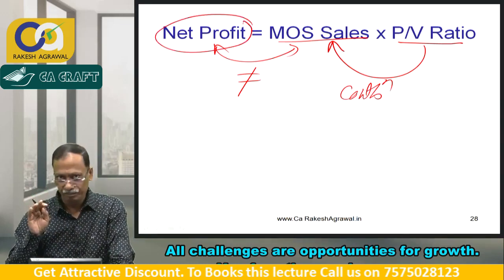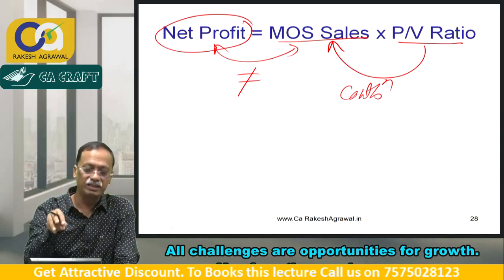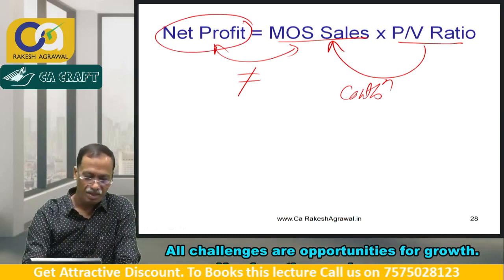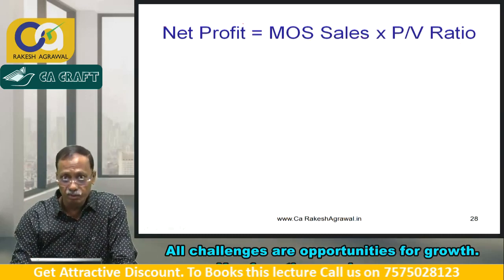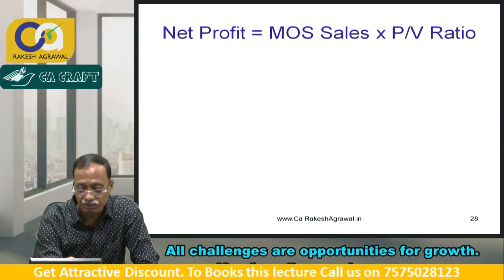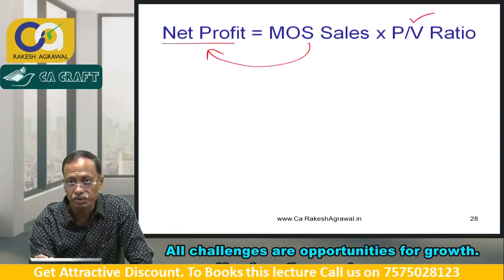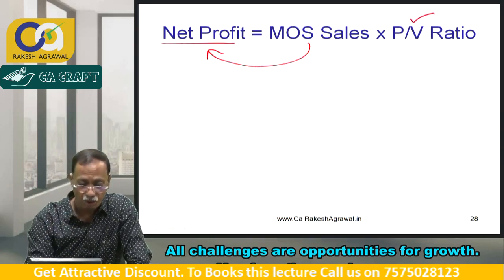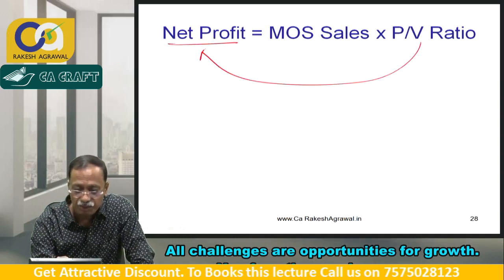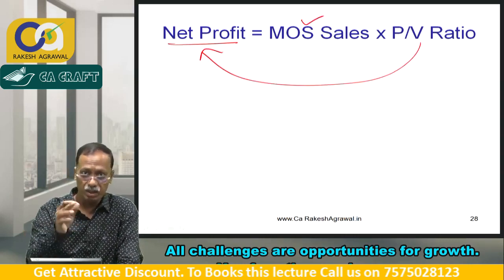Am I clear? Therefore, the formula is net profit is equal to MOS sales into PV ratio. And this formula can be reshuffled: net profit upon margin of safety sales gives PV ratio, or net profit upon PV ratio gives margin of safety sales, and so on. This you can alter and use.